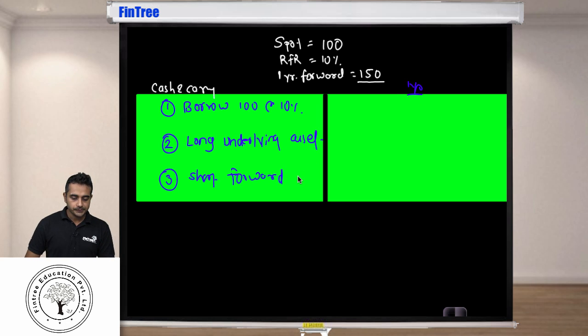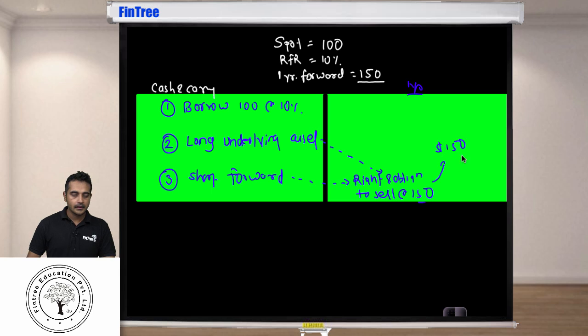After 1 year, this short position will give you the right as well as the obligation to sell at 150, no matter what the price in the market is. So the asset that you purchased last year, after 1 year you will sell it at 150. The asset is already with you, so you will convert it into 150.